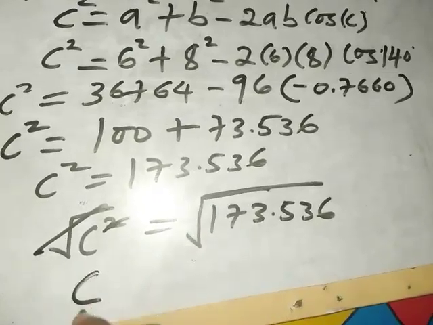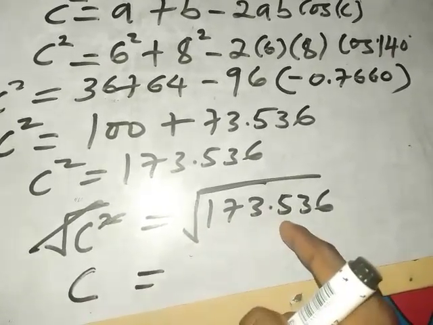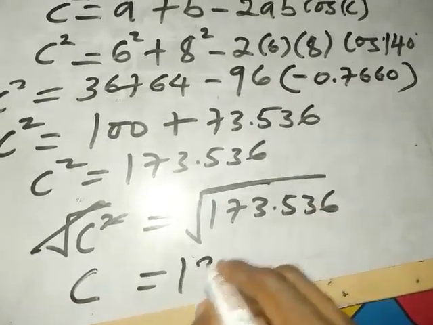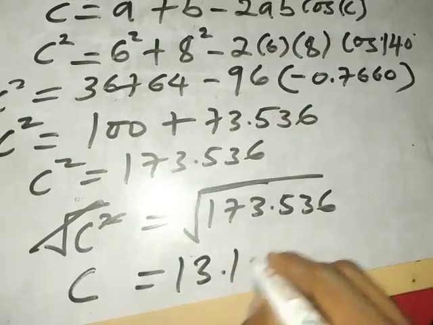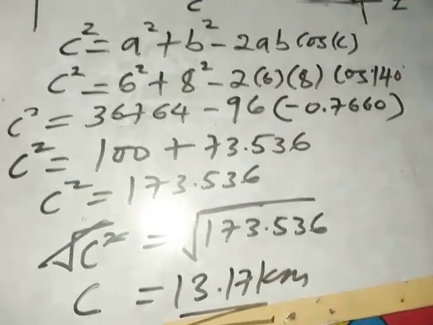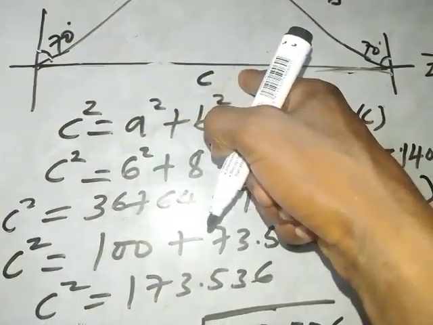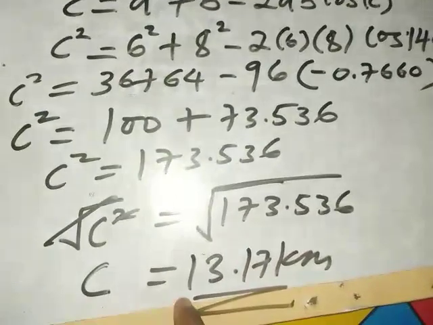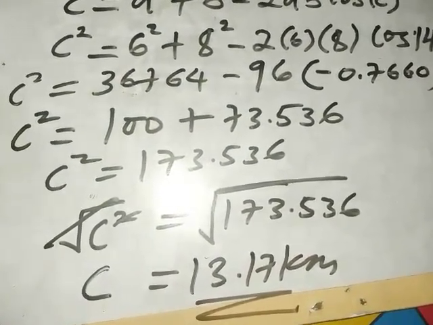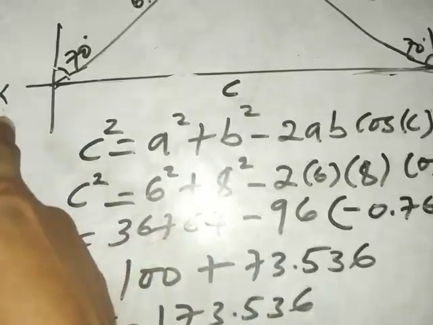So C itself, which is the distance we are looking for, is equal to the square root of 173.536, which will give you 13.17 kilometers, and that is the final answer. If you approximate this to two significant figures, it should be 13, which is the required distance between X and Y.